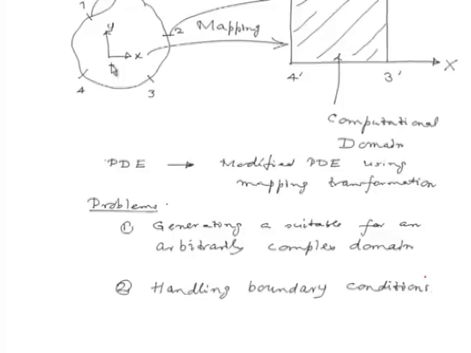So, these two difficulties did put certain constraints in the application of finite difference method to problems in complex geometries. But nevertheless, this approach was used very often in the 1980s and 1990s.